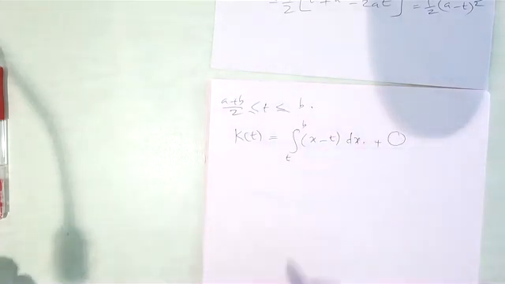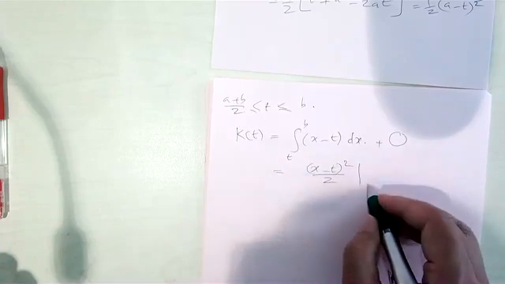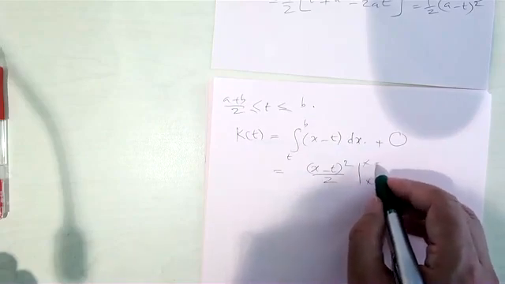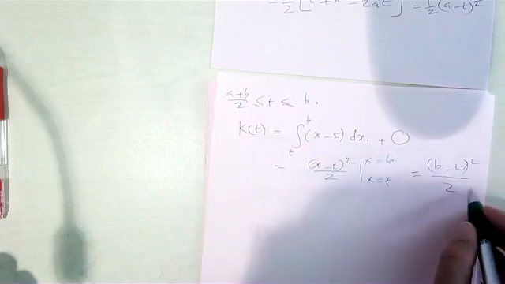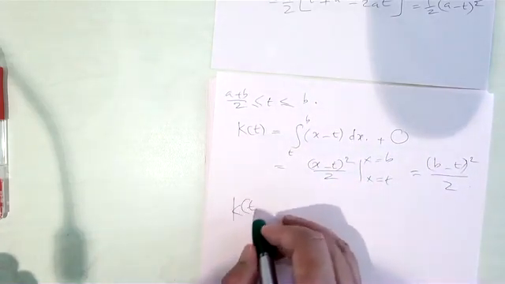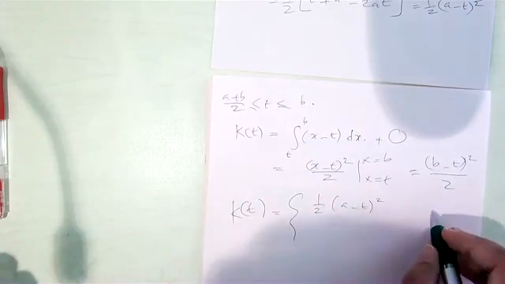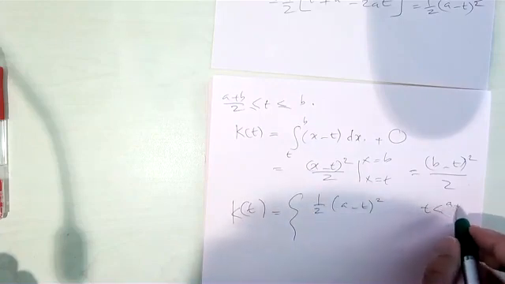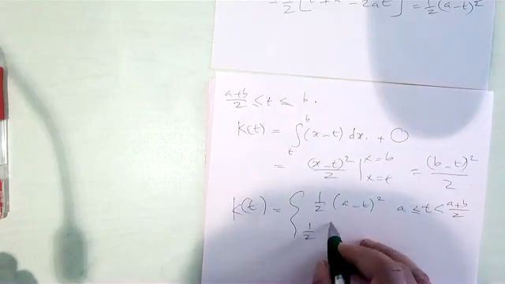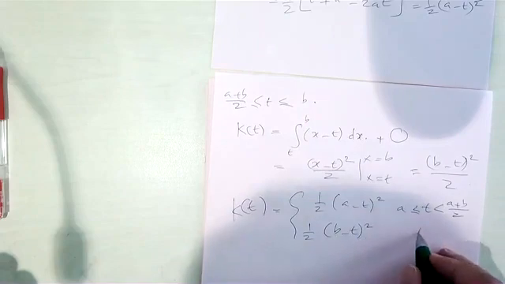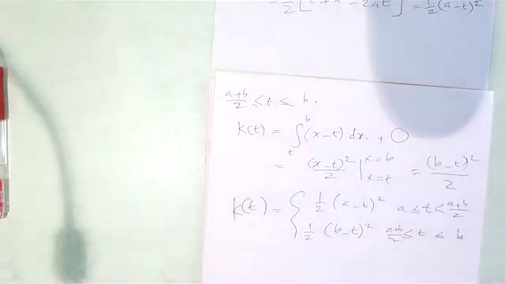Then this gives you (x minus T) squared over 2 from x equals T to x equals B, which is just (B minus T) squared over 2. So in this case, K(t) equals 1/2 (A minus T) squared for T less than (A plus B) over 2, and 1/2 (B minus T) squared for T bigger or equal to (A plus B) over 2 and less than or equal to B.